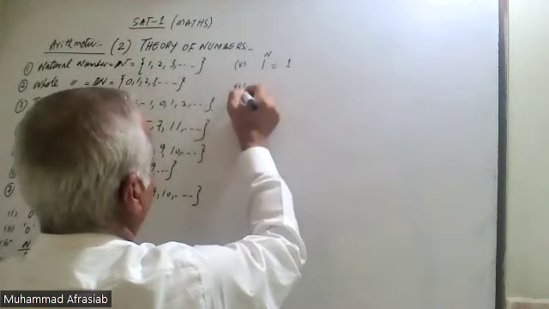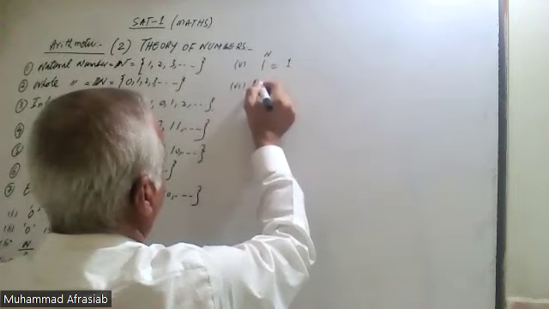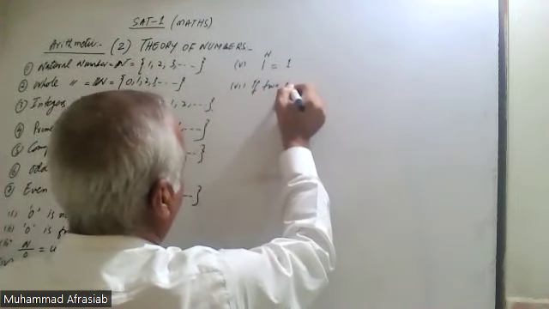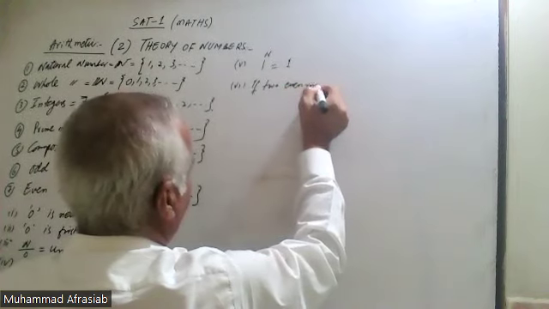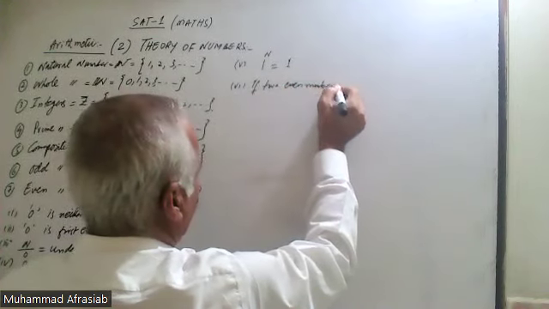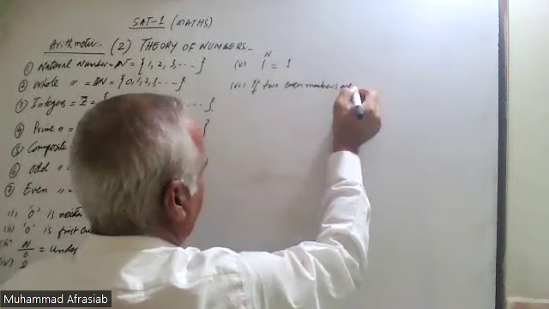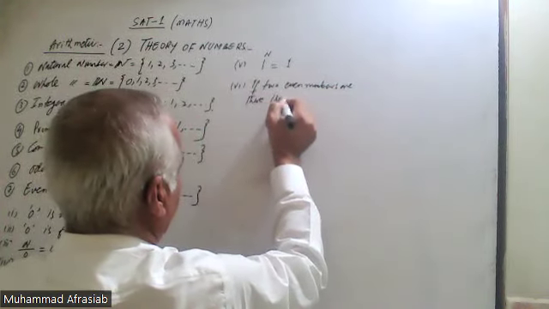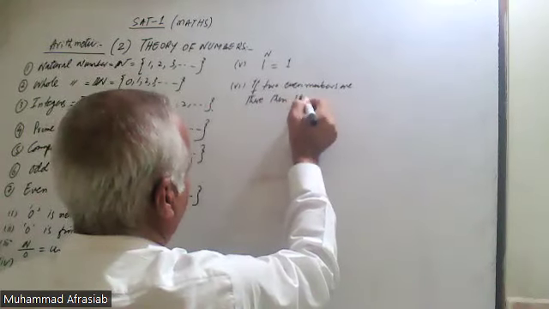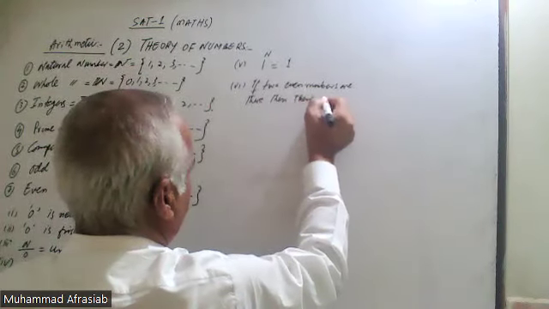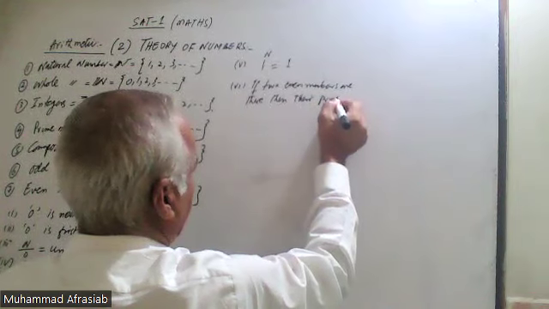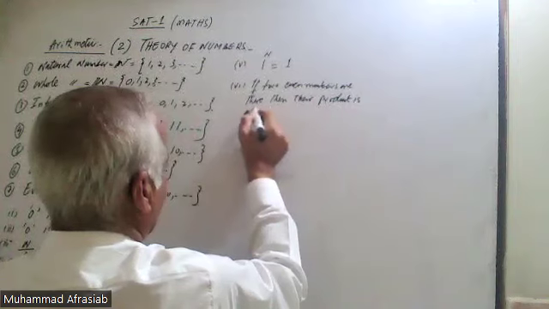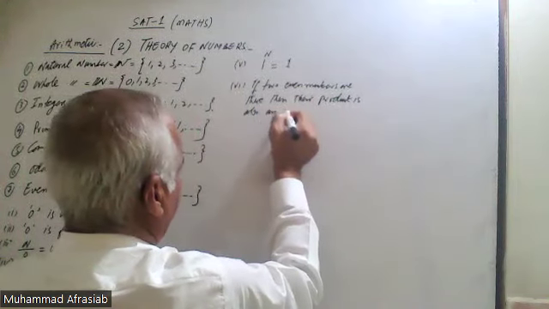Then sixth, if two even numbers are there, then their product is also an even number.